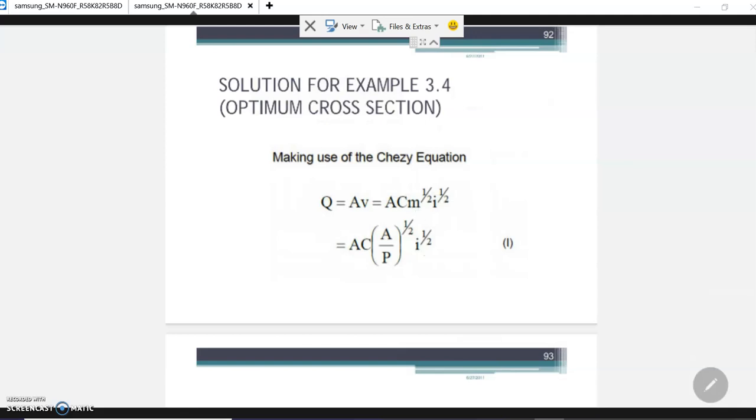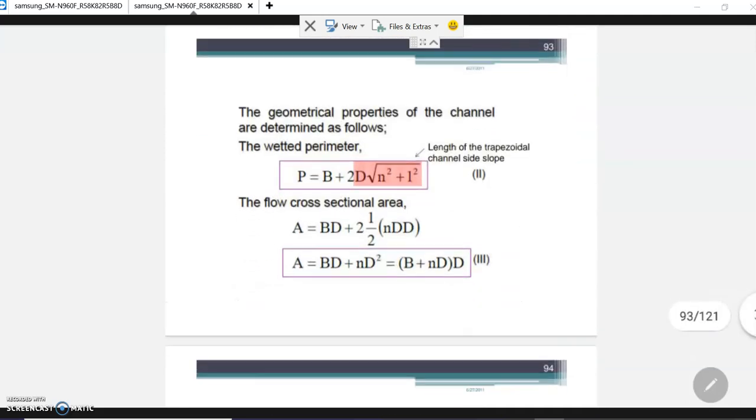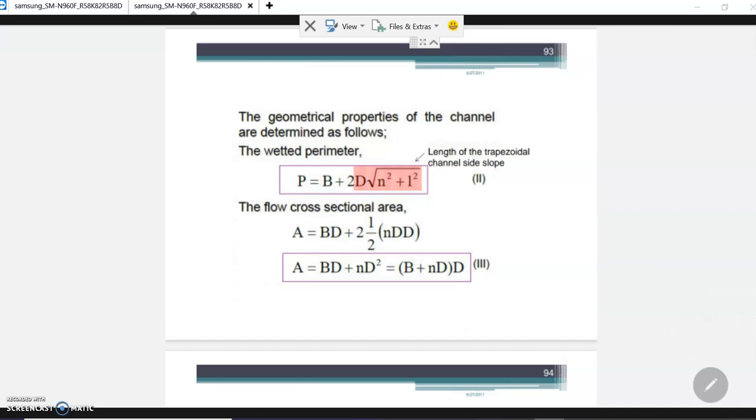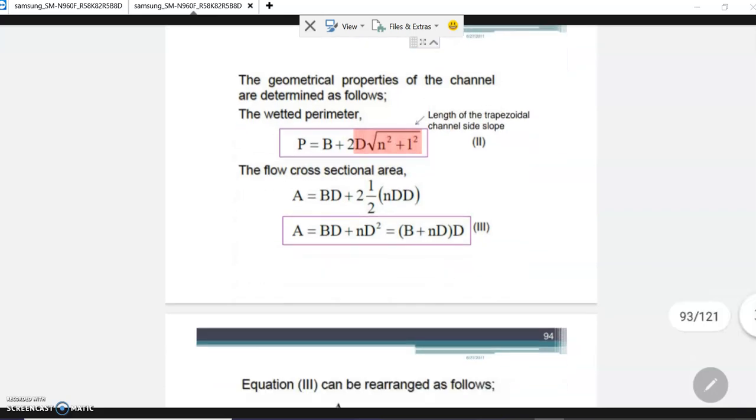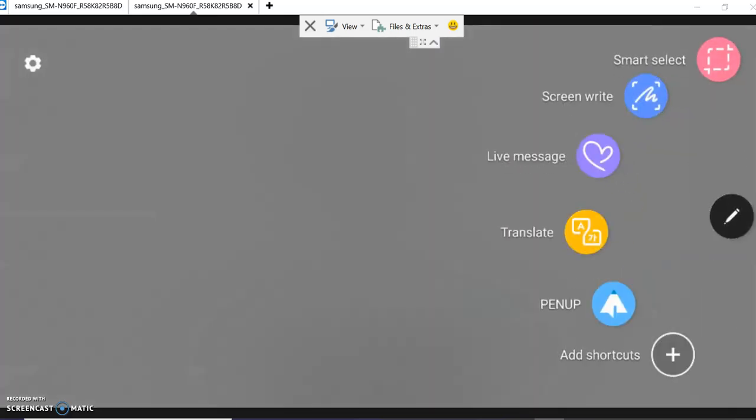So we rearrange this formula, we get AC times square root of A over P I. We expand the M, M is equal to A over P. So now how do we identify A? We don't know B and the depth of the flow.